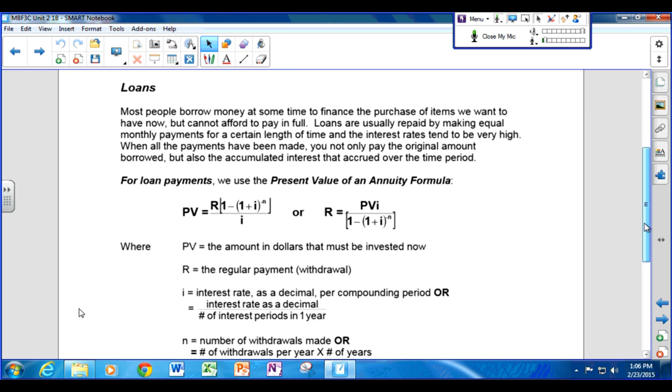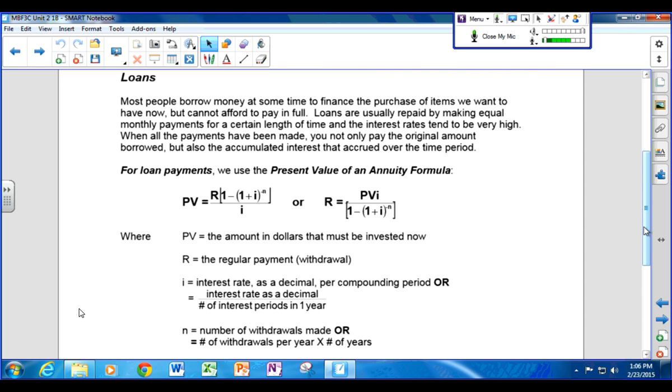There's a couple of formulas involved with that. In the last lesson we looked at the compound interest formula kind of as an investment, where you put a certain amount of money in and you get an amount back at the end, which includes the principal and interest. Well, in this case, we want to look at different ways to work out how much we would pay on a certain amount of money at a certain interest rate for a certain amount of time.